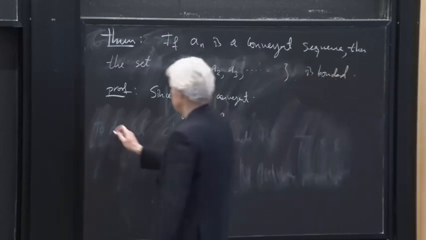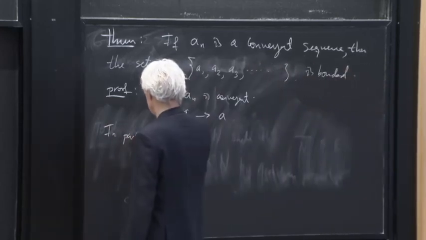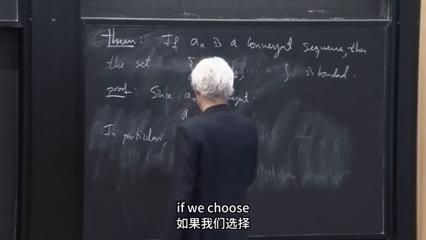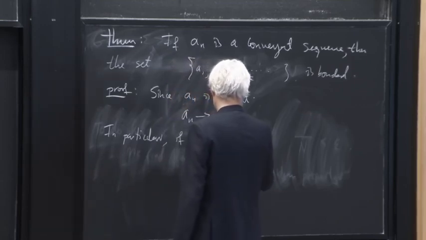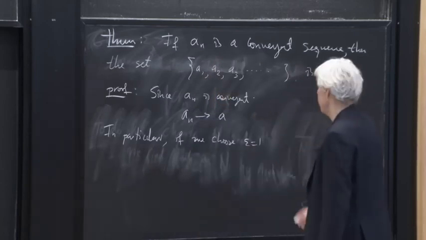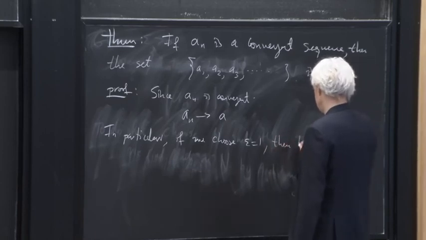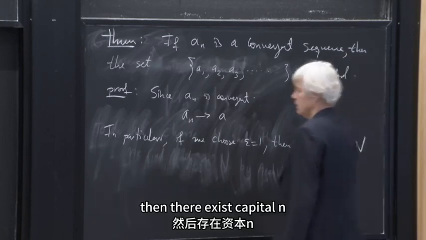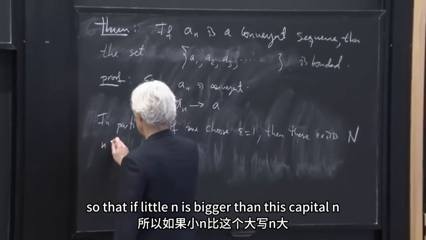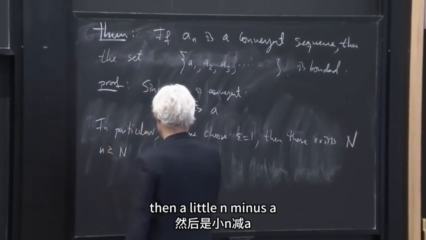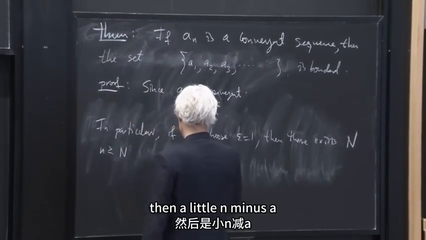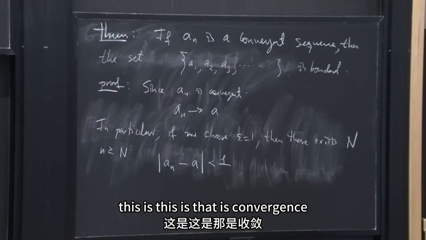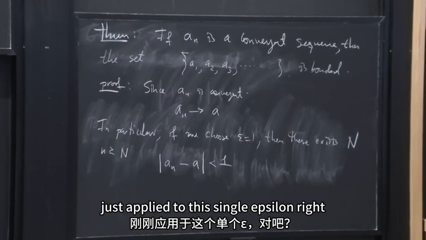So in particular, if we choose epsilon to be equal to 1, then there exists a capital N so that if little n is bigger than this capital N, then |a_n - A| is less than 1. This is convergence just applied to this single epsilon.